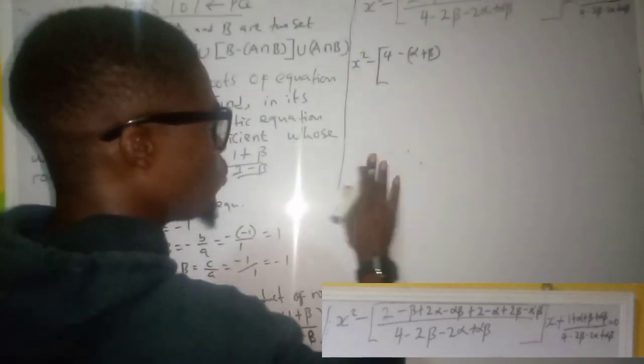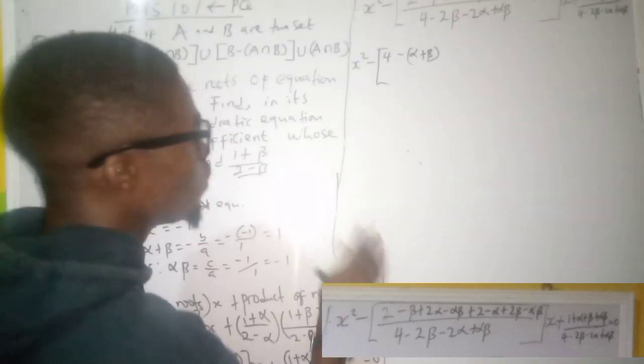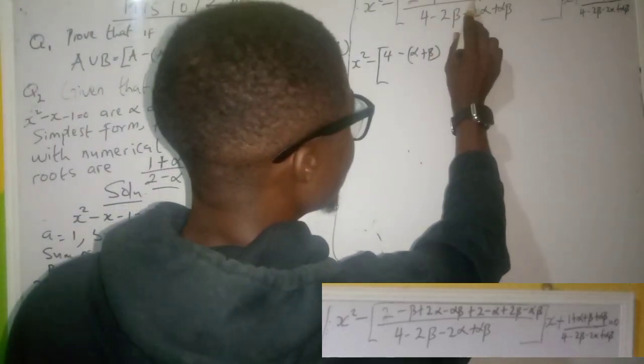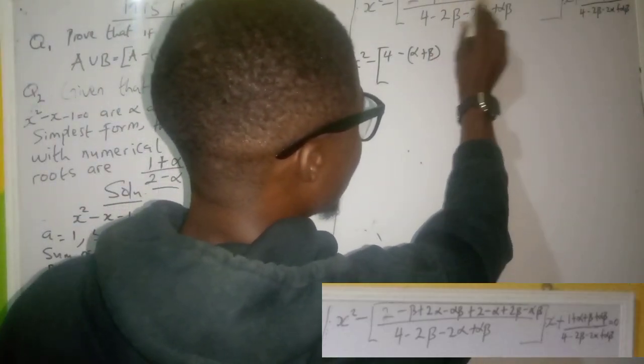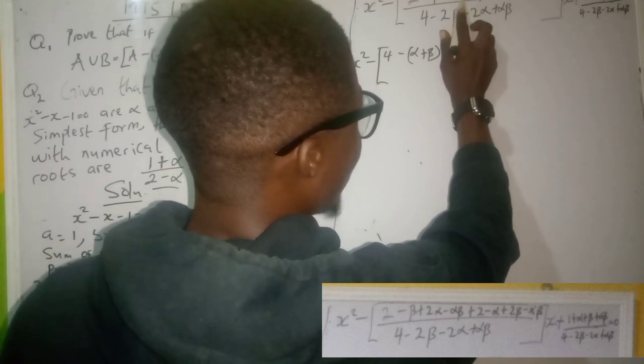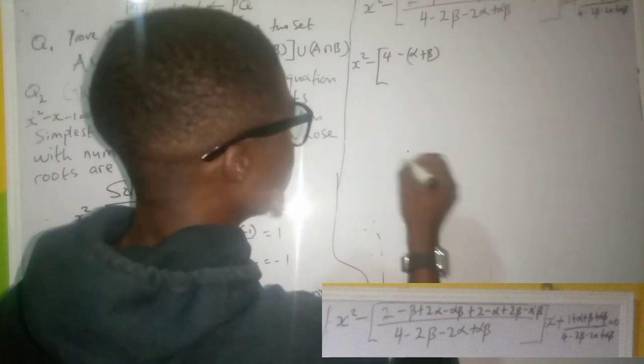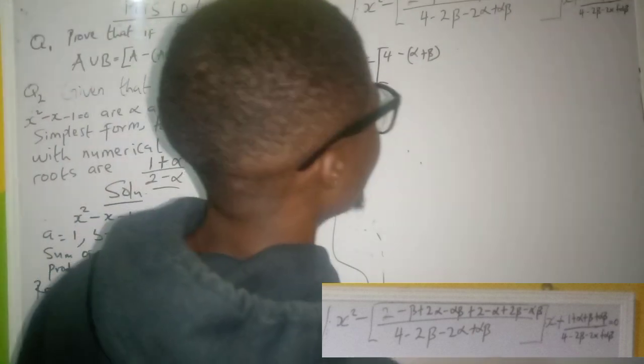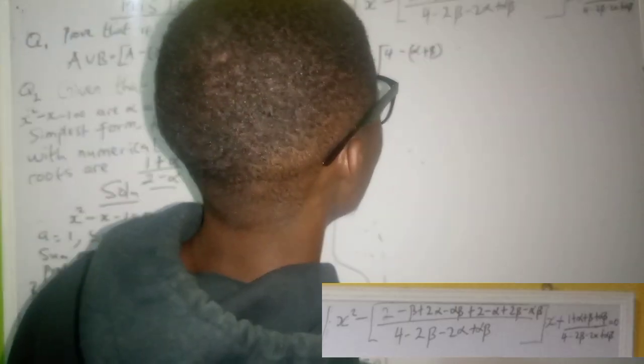So we are trying to get things right. Now let's take these ones together. We're done with this and this, so let's take 2 alpha and 2 beta together.